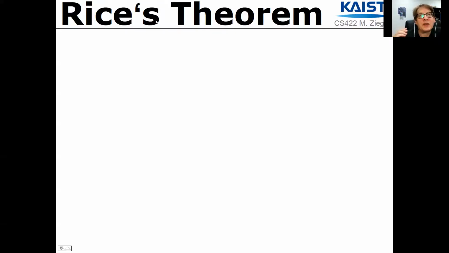One way of defining a semantical property is to say that a property is a semantic property if proceeding to a different but equivalent algorithm does not change the property. Let me say it again. Suppose you have an algorithm which behaves in a certain way on some inputs, in a different way on other inputs.